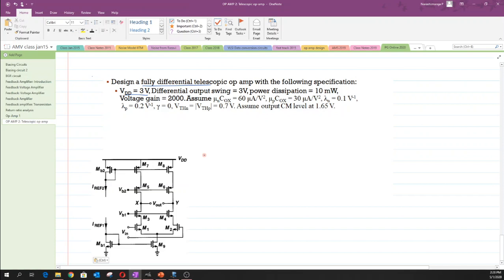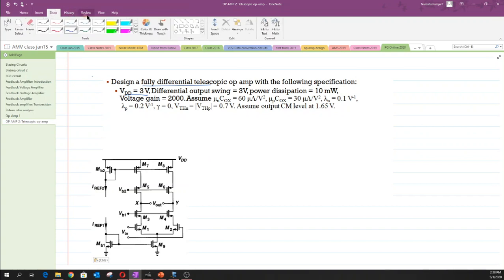Now there are basically 4 steps involved in solving this particular problem. Because we don't know what is the DC current flowing across the circuit, the data one could look at for evaluating the DC condition is VDD as well as the power dissipation.